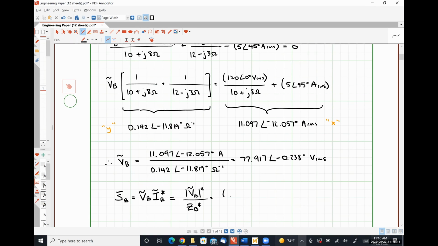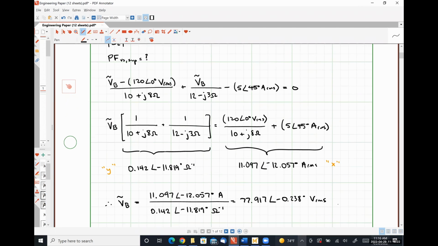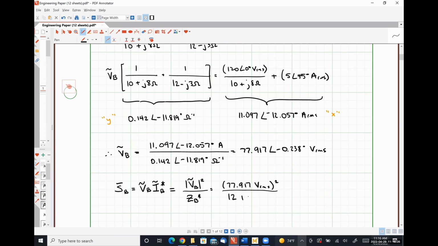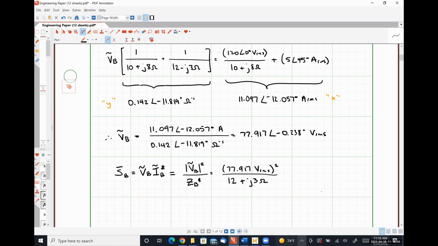So that would be 77.917 volts RMS quantity squared divided by 12 plus J3 ohms. And if you give me just a moment, I'm going to throw this into my calculator.